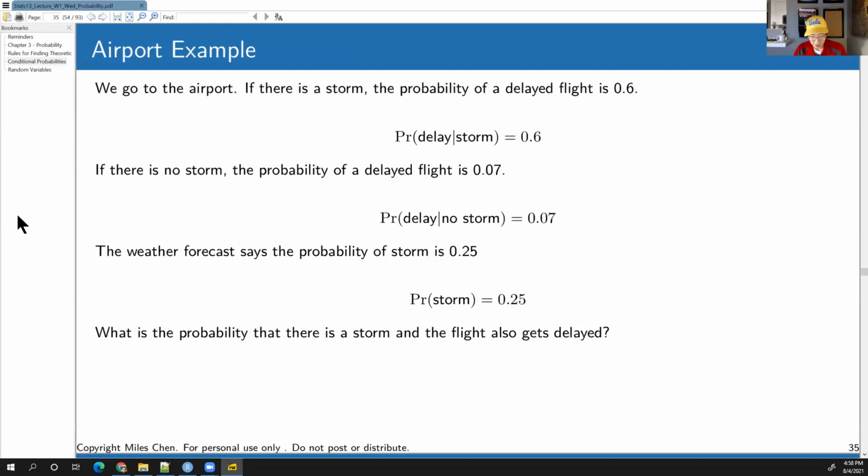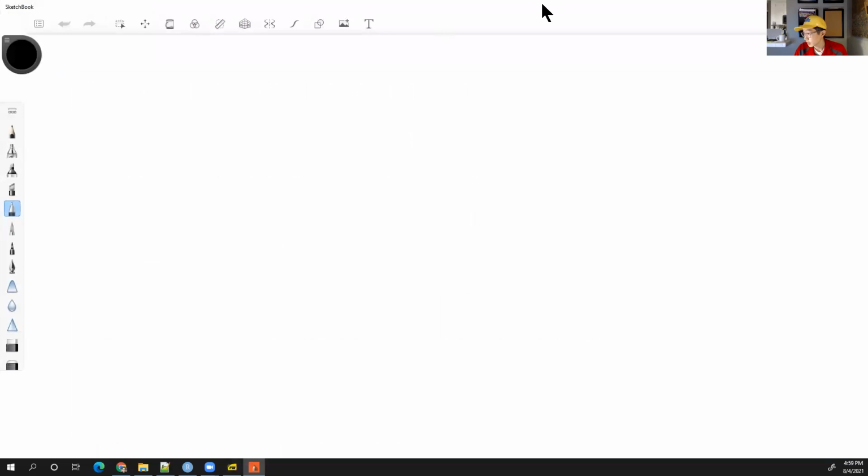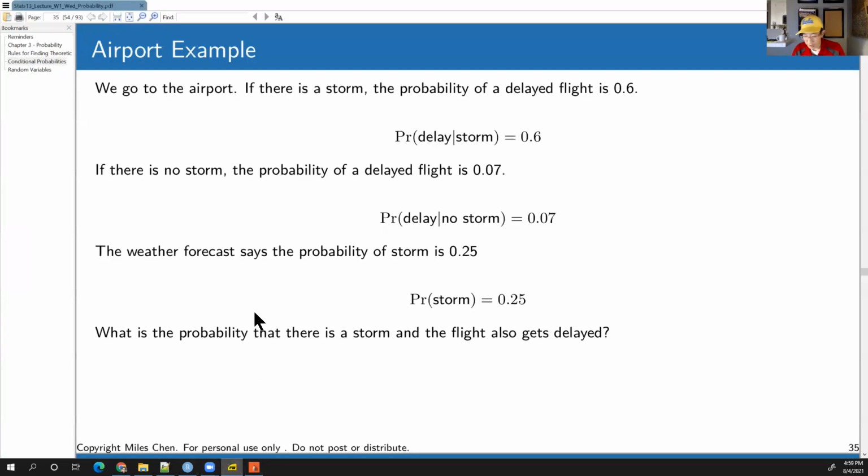Okay, so this is just an imaginary scenario. We're going to say we go to the airport and you're going to get on an airplane. If there's a storm, your flight might be delayed. And if there is a storm, we're going to say the probability that your flight gets delayed is 60%, 0.6.